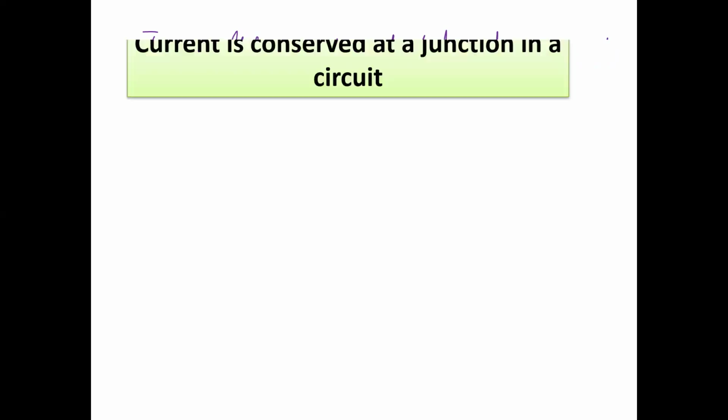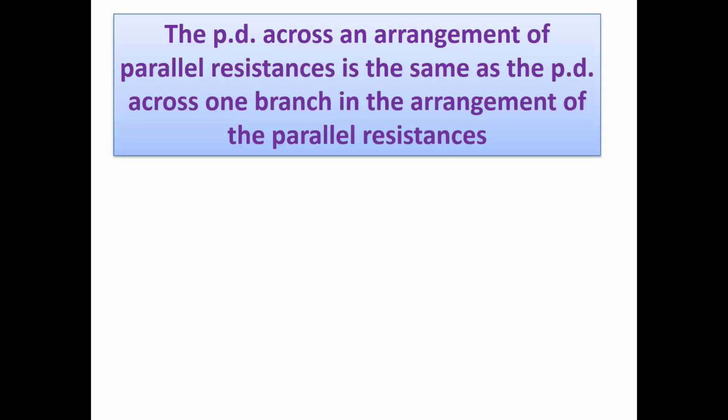In parallel, current is divided, so current is conserved as a junction in a circuit.